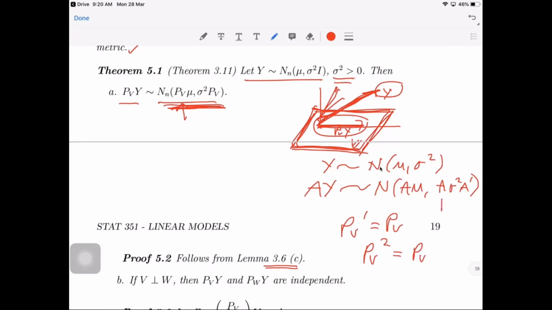For example, this is your PV, this is your PV prime, but PV prime is just PV times PV, which is PV squared, but PV squared is PV. So what remains is just PV. Okay? Of course, this is clear, PV is your A.